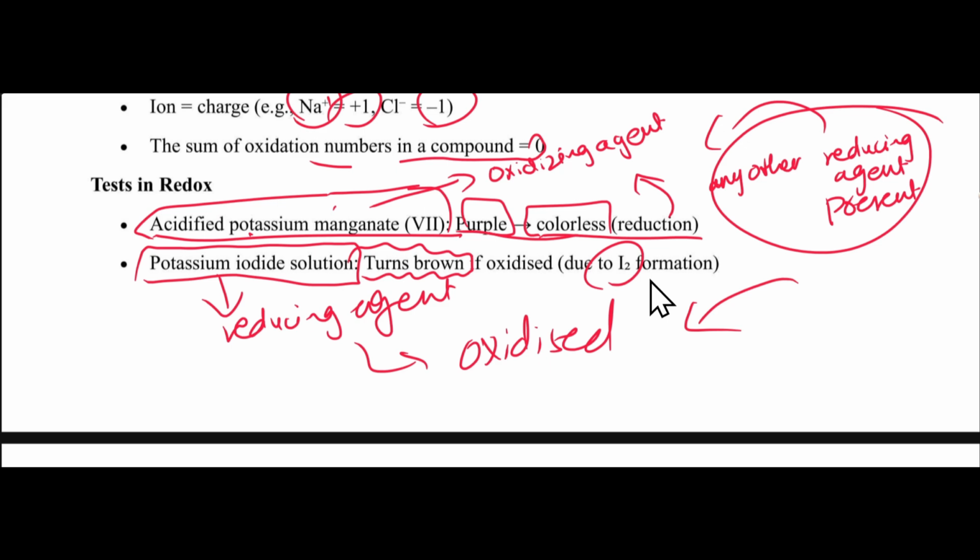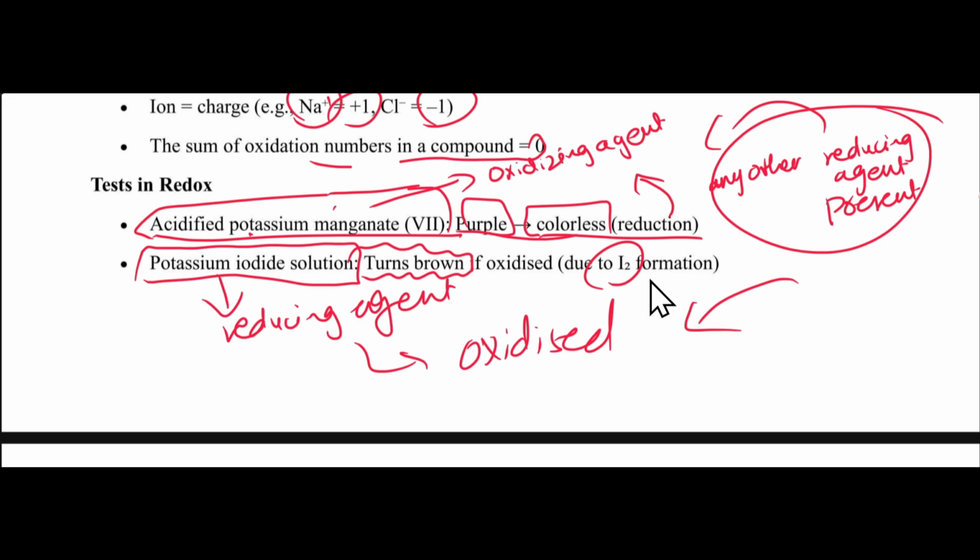So it means that now there is some oxidizing agent present in the solution. Okay, because potassium iodide itself is a reducing agent, so it will be oxidized only by an oxidizing agent, right? So it means an oxidizing agent is present. But if it doesn't change the color when you add the solution, it means that solution is actually not an oxidizing agent.